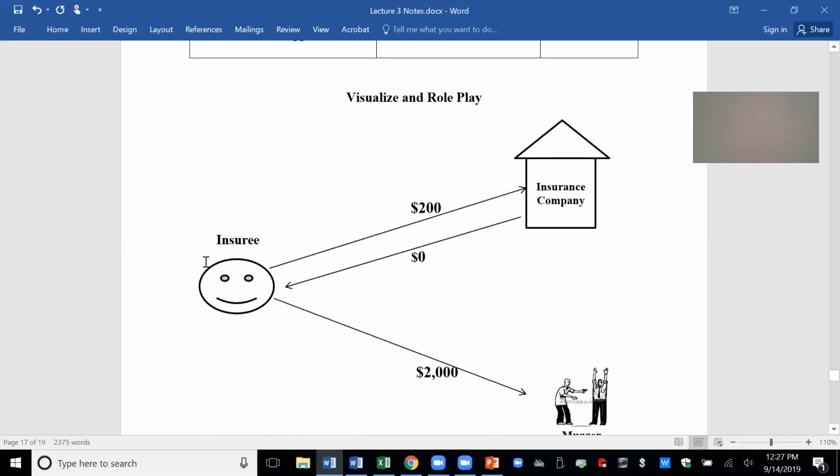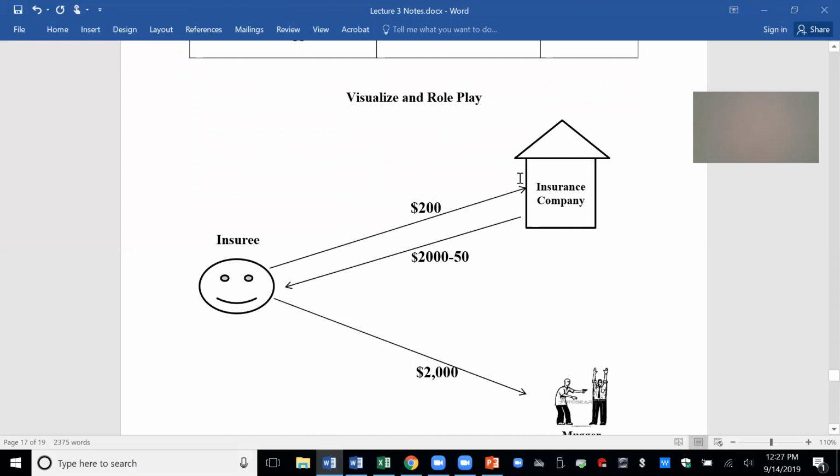And then the insuree made the claim with the insurance company, and then we sent the insuree a check for $2,000 minus $50 deductible. Minus $50 deductible.